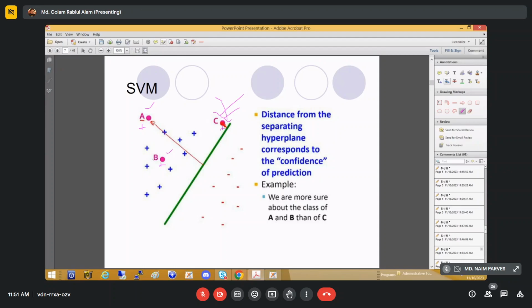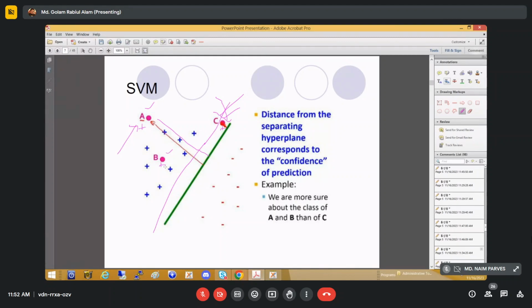But if we think about our confidence, that A is positive, we are more confident. Why? Because this line is very far from A. Even if this line is changed a little during the training time, like this way, still we can say A is positive.